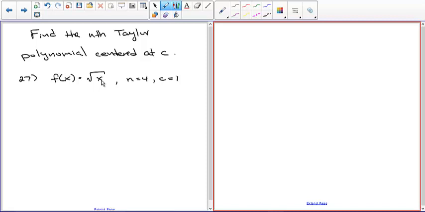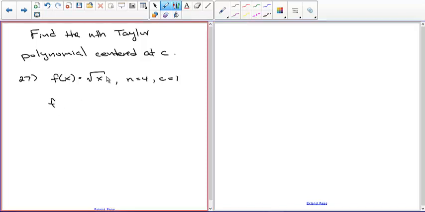It's like with the natural log. If you look at the sheet that I handed out, the natural log expansion is around x equals 1, not x equals 0, because the natural log of 0 is negative infinity, which wouldn't be too good. But we do the same basic kind of thing here. We take the derivatives, and I'm just going to leave it in fractional exponential form.